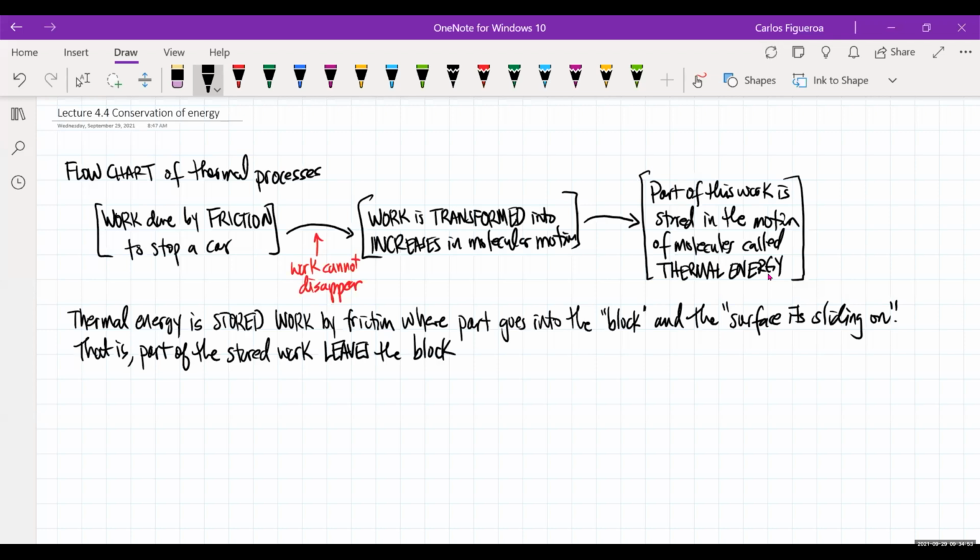As a consequence, thermal energy always reduces the available energy in a system.